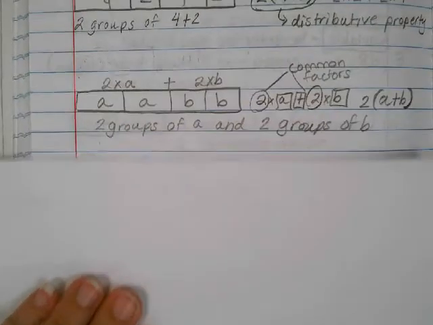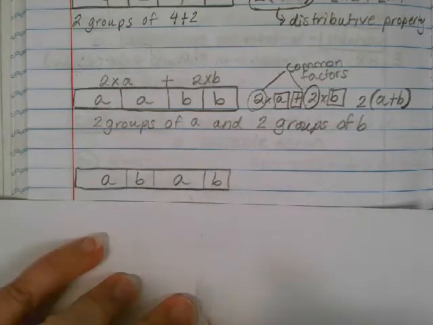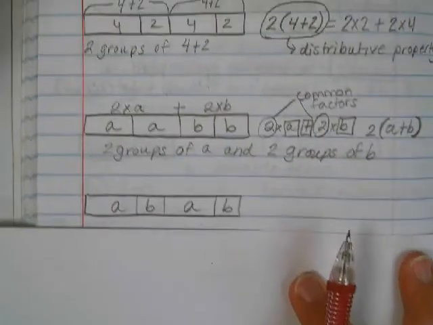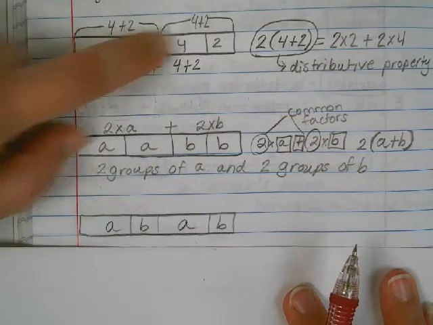We're going to continue on. Again, this time this is going to be similar to that second one here, where we had 4 and 2 and 4 and 2.